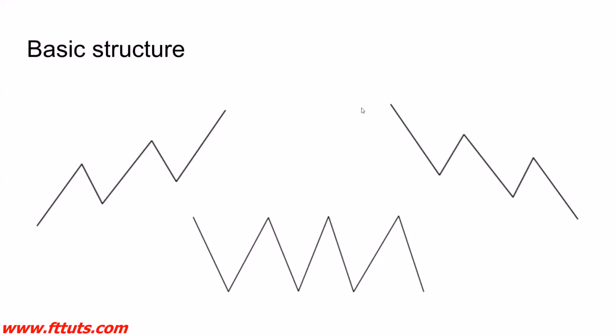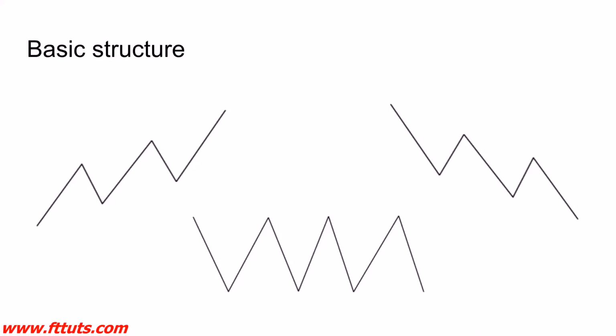So what we're looking at today, first and foremost, is going to be basic structure and then some advanced structure. Now, when I constructed this course, I used the word patterns, and I kind of kicked myself for using that word because we're not really looking for patterns per se. If we become masters at identifying market structure, then as we learned from yesterday, it's going to be as simple as making a decision whether we buy, sell, or we wait for a breakout for a buy or a sell.